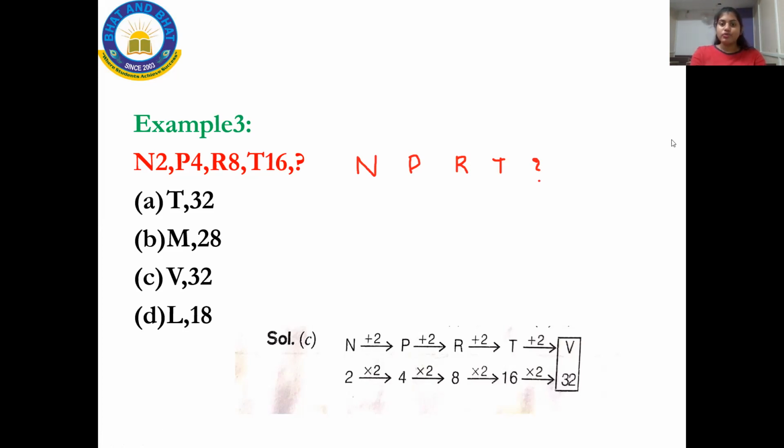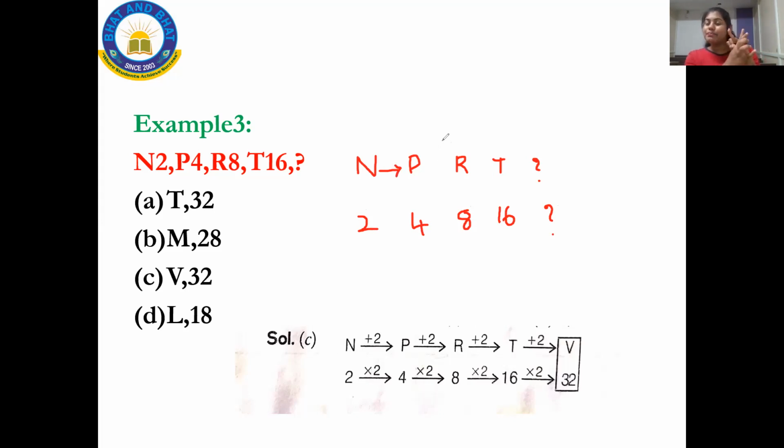So next one, see here, only the numbers: 2, 4, 8, 16, and then question mark. Now, how to find this out? Listen to me carefully. N to P, just do it for the first line. What is the difference?